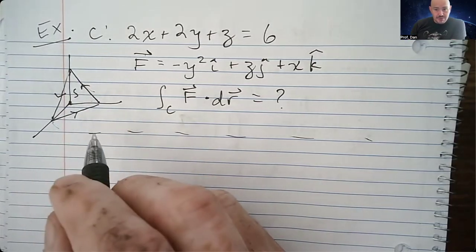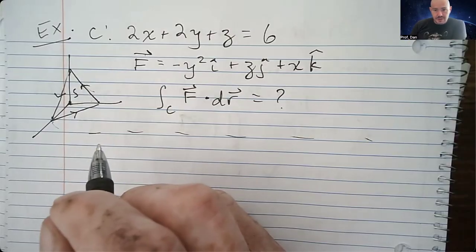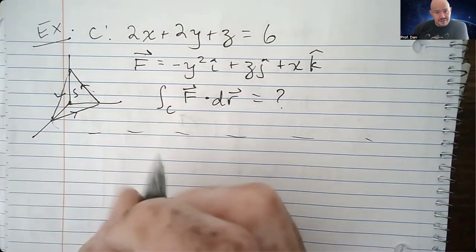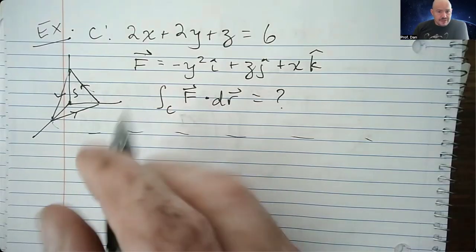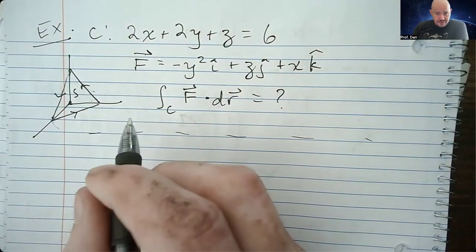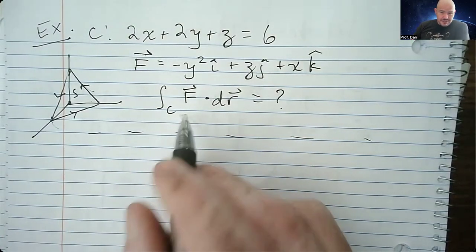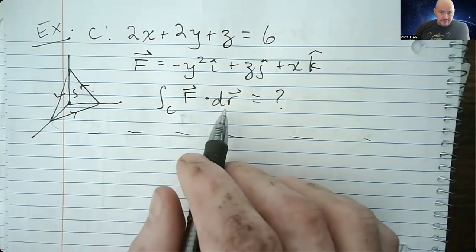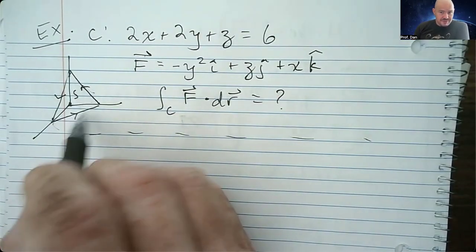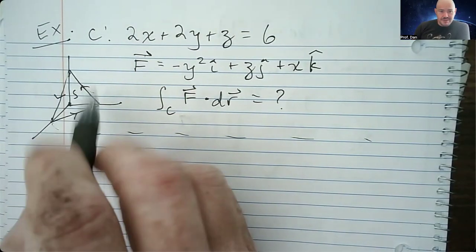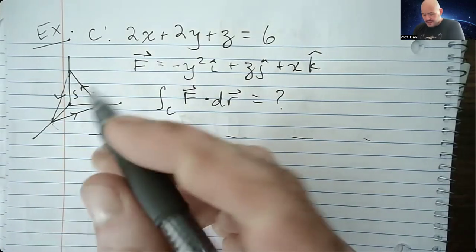So you would have to do C1, C2, C3, figure out all three line integrals and then add them together. But with Stokes' theorem, we can evaluate this entire thing with a single surface integral because we only have a single surface enclosed by that path.